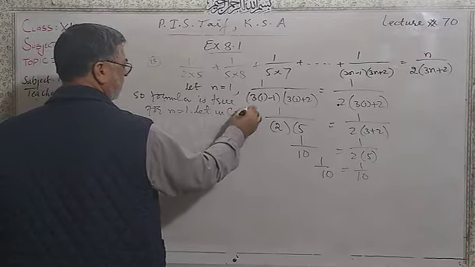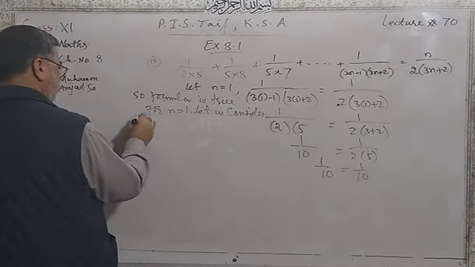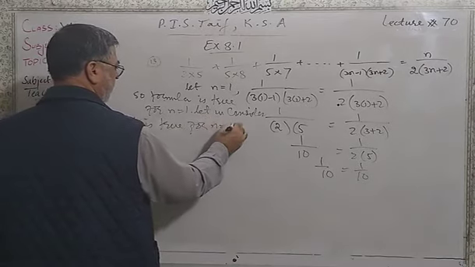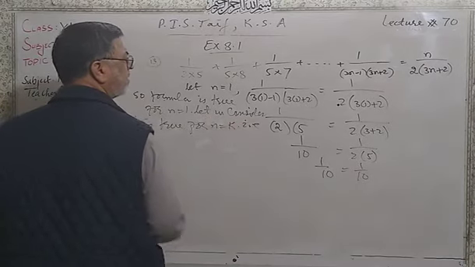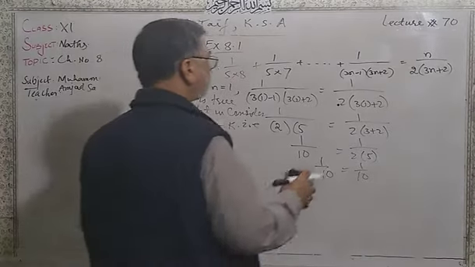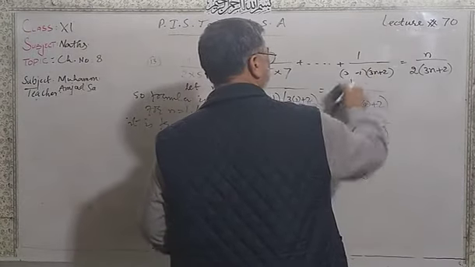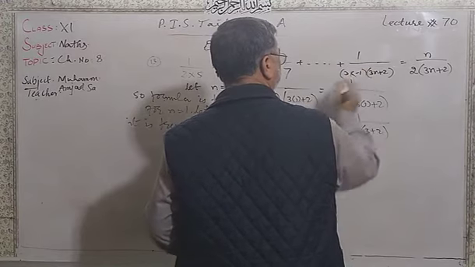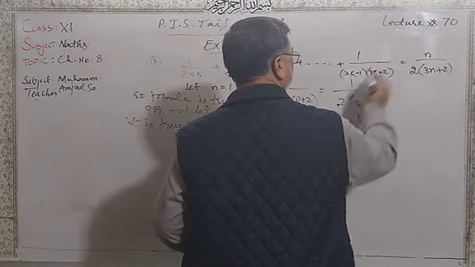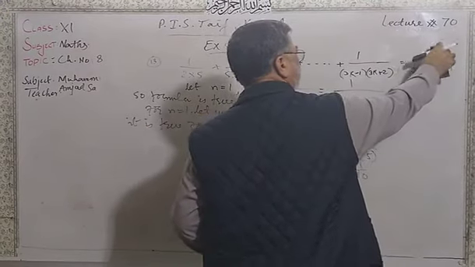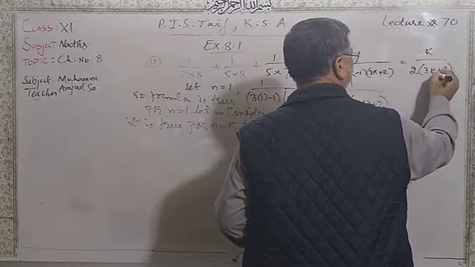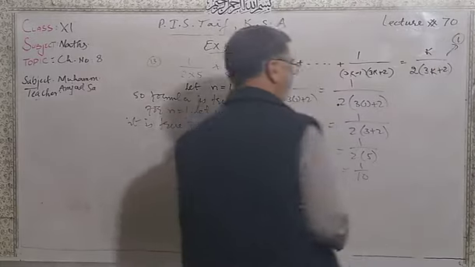Let us consider it is true for n is equal to k. We can write down k here, and on the right hand side also k. This is equation number 1.